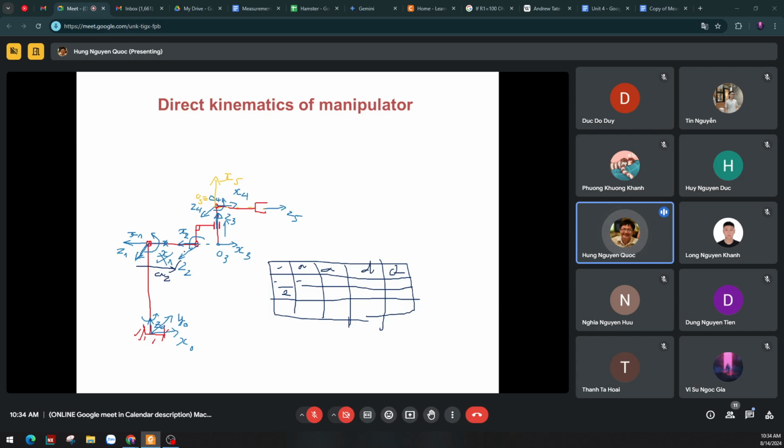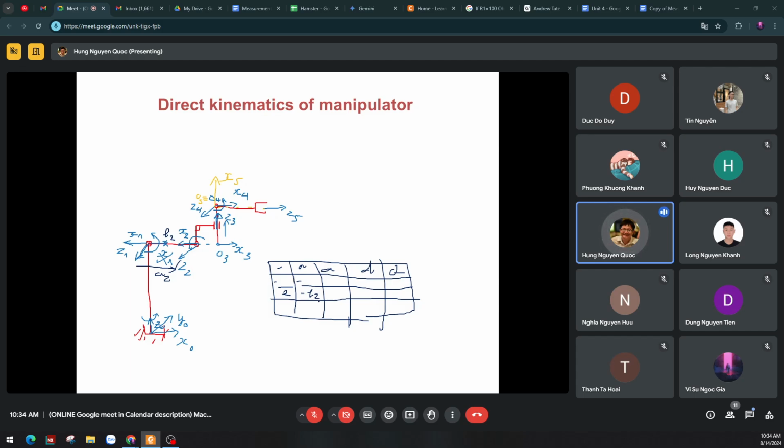In this case they are in the opposite direction, so it should be minus. If I choose this one as L2, then A2 should be minus L2. Remember that.